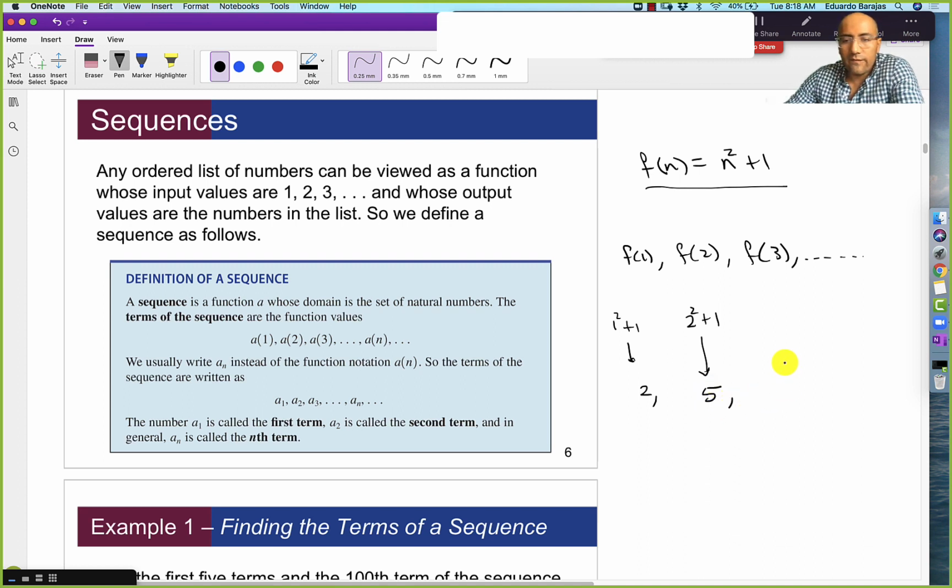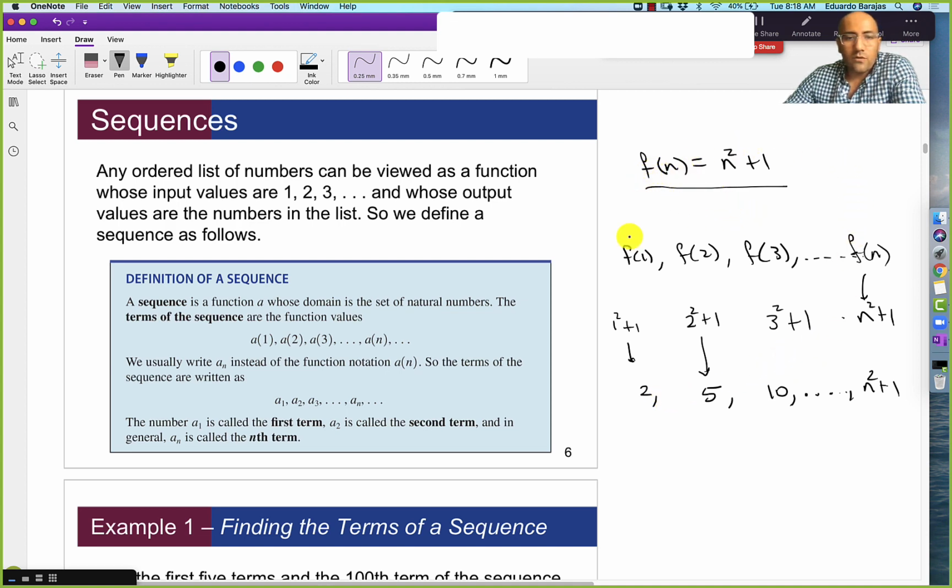Then the third one on the list, 3 squared plus 1, is going to be equal to 10, comma, and then... It's kind of silly that we use the same letter, but then we'd say the nth one on my list would be f of n, and then it is n squared plus 1, so we could say, comma, n squared plus 1. Good. Questions?